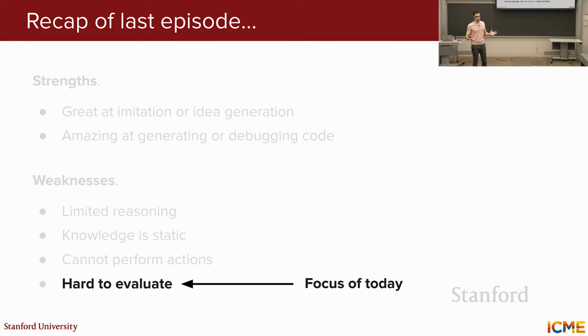And today, we're going to focus on the evaluation part. In particular, given a response that the model is giving, how can we quantify how well the LLM is giving its response?